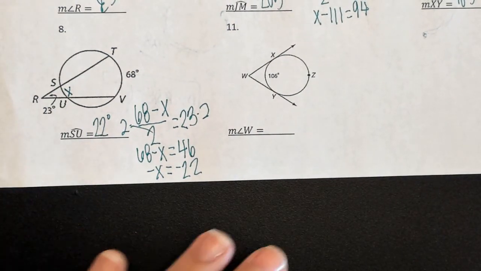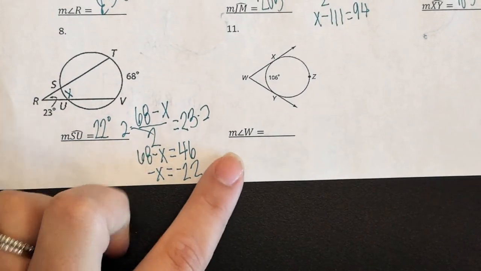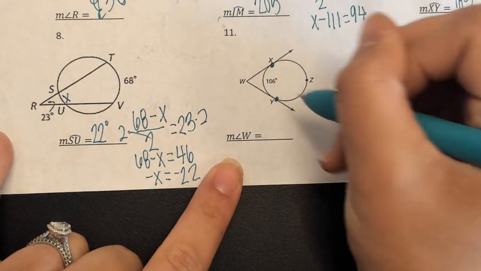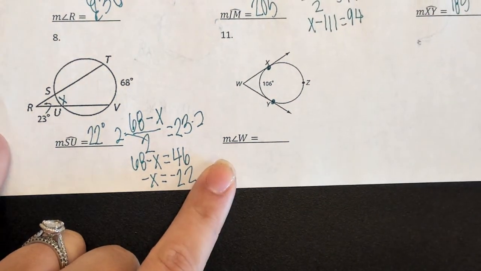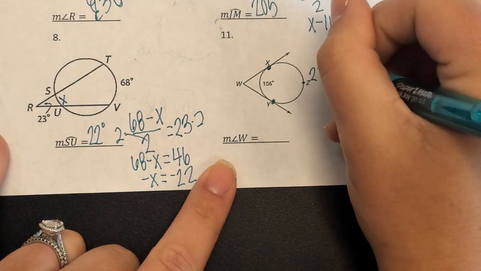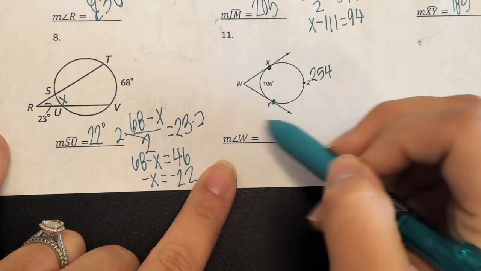Finish number 11. This one is just like number 12. It's broken into 2 arcs. So if we know one arc, you have to find the second one. Which is what? Because all of them have to equal 360.